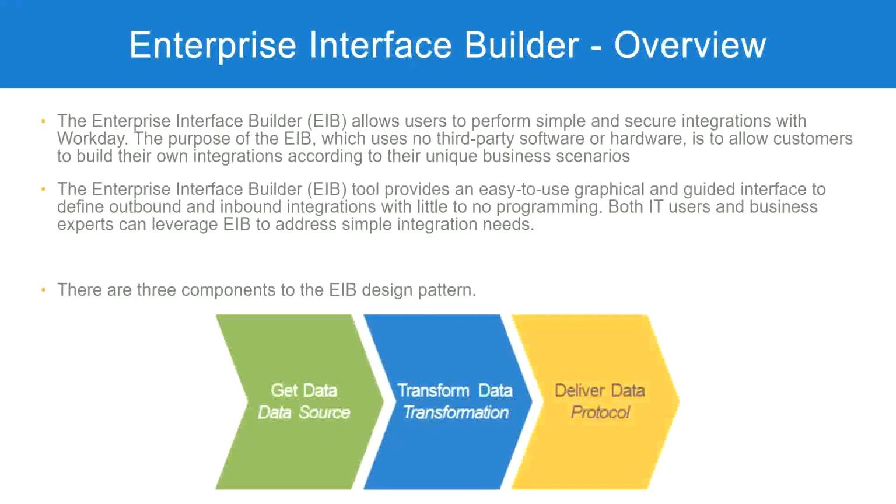That is something we have to configure. Do we need transformation? If yes, configure that. If no, leave it blank. And then deliver the data: how are we going to send the data to an external system? So we have to configure that as well. Once we do these 3 steps, our EIB is ready. We are going to start exchanging information from Workday with an external system.